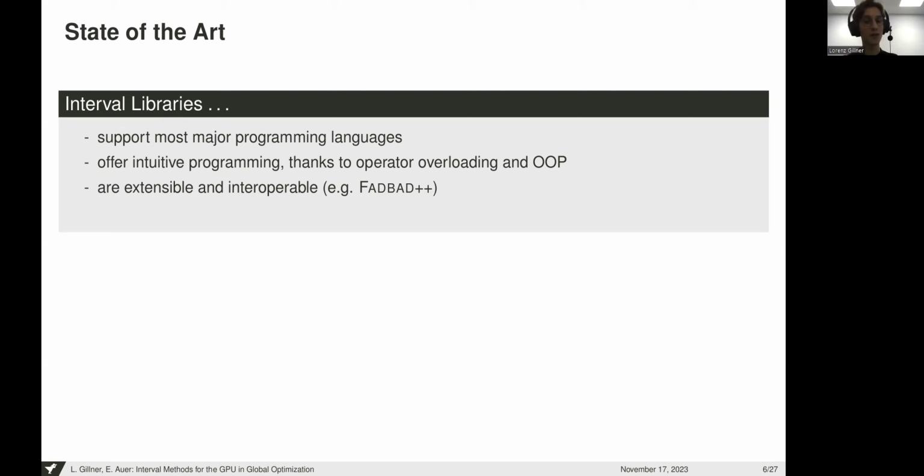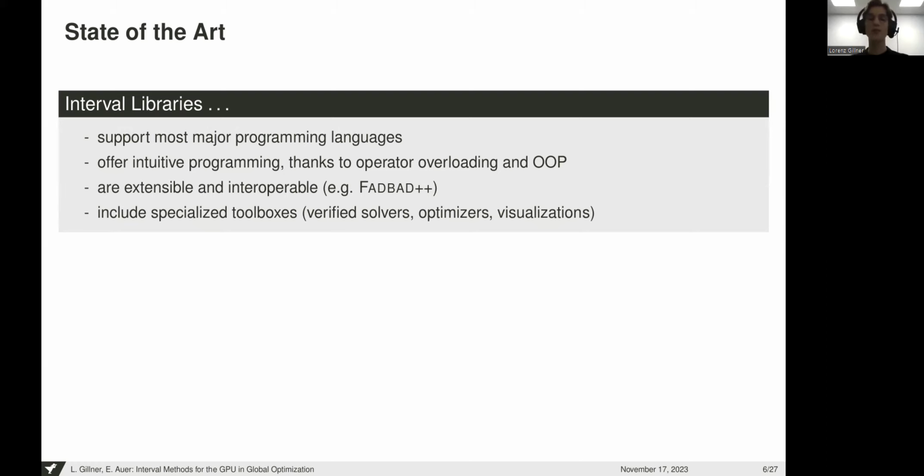Let's talk about, for example, FADBAD, which is an automatic differentiation library designed with interval arithmetic in mind, which is quite nice. And there are many, many toolboxes for special use cases. For example, verified solvers, optimizers using uncertainty, or special visualization toolboxes for interval methods.